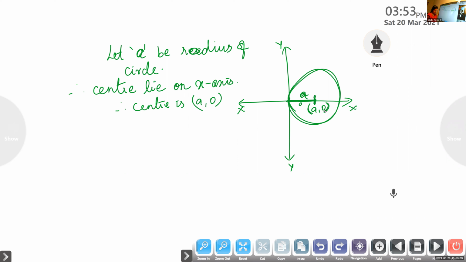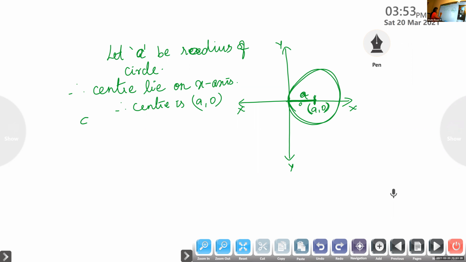Same way, if you want, you can take minus A, 0, but here take only the positive case and solve it. Now it is A, 0.